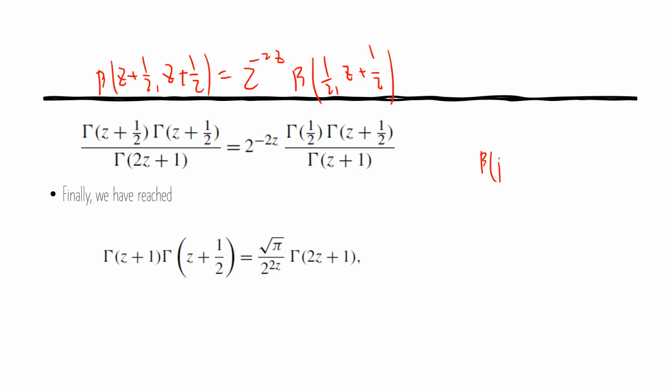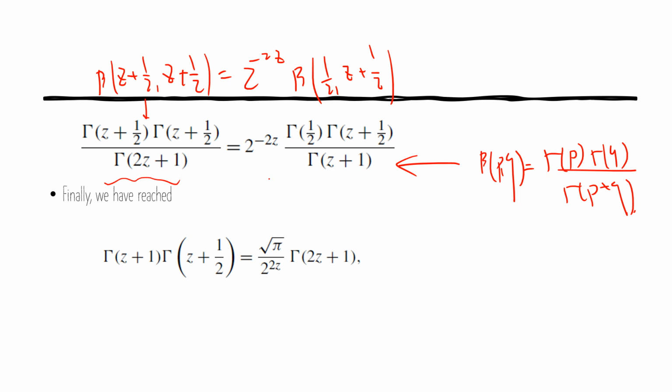Remember that we already showed that B(p,q) is just gamma p gamma q over gamma (p+q). So we just plug in, then this term becomes this, and then cancel both. So we cancel this one, and we also remember that gamma of half is square root of pi. So we can combine.